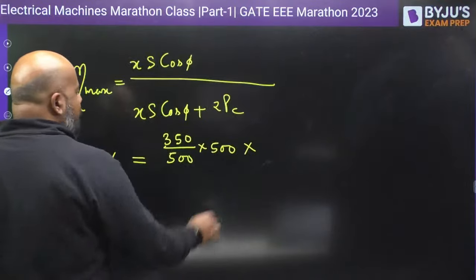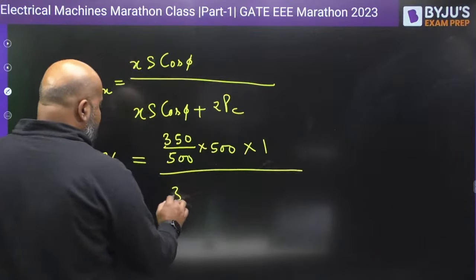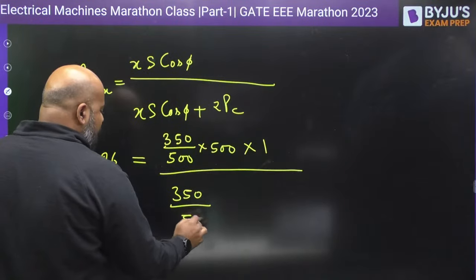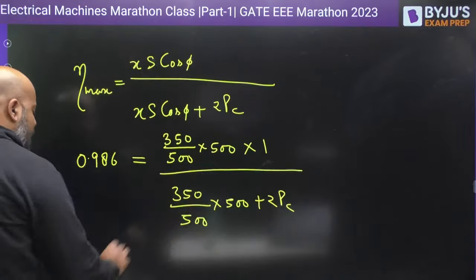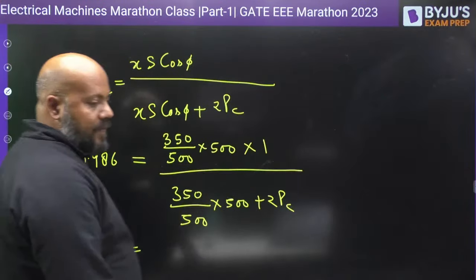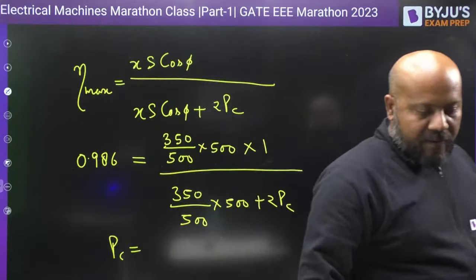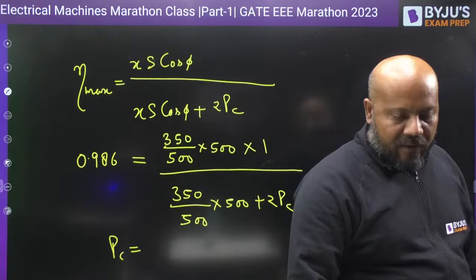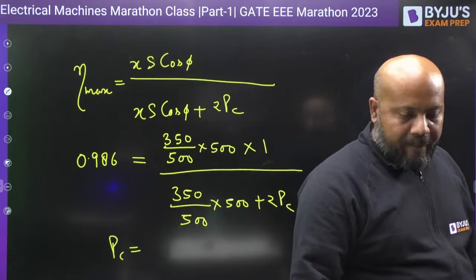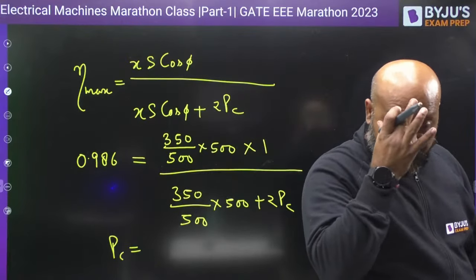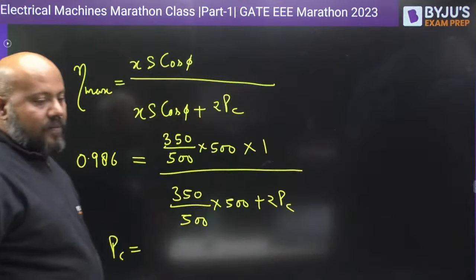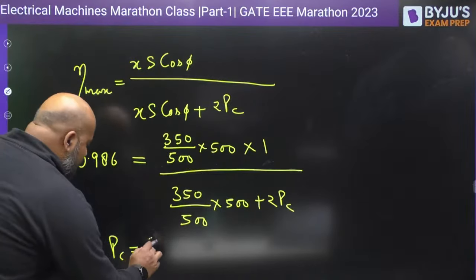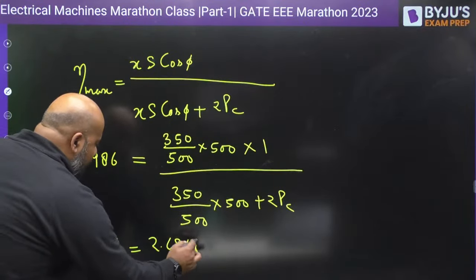Unity power factor. So it becomes 1 divided by 350 upon 500 multiplied by 500 plus 2PC. Now from here you can find the core loss. As per my reference, you must be getting PC as 2.4848 kilowatts.